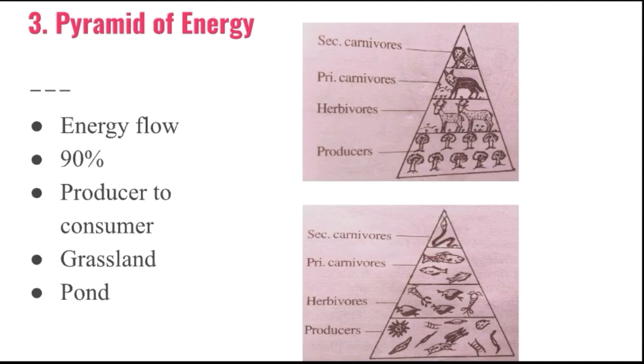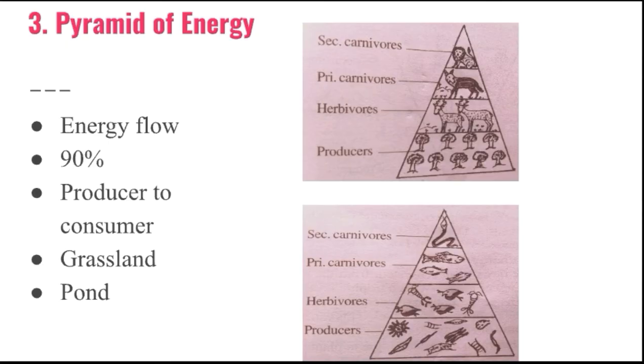If you see the grassland ecosystem example, the green plants trap the maximum light energy, right? But the energy gradually decreases towards the top consumer level.